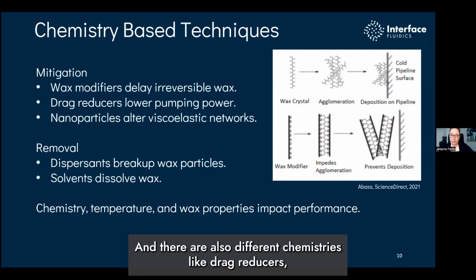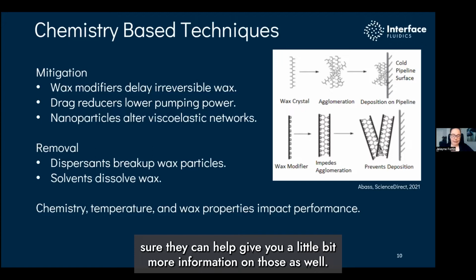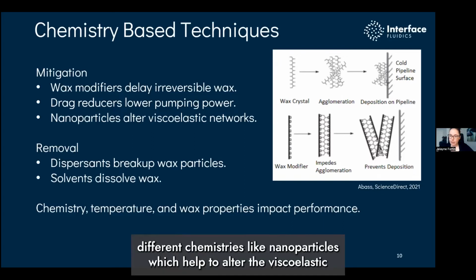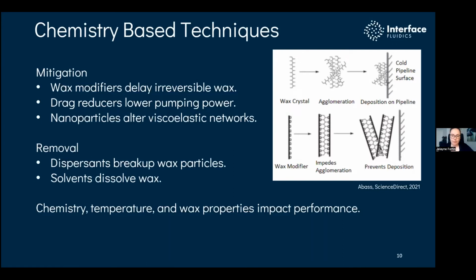There are also different chemistries like drag reducers, and I see a number of chemistry experts on the call, so I'm sure they can help give you a little bit more information on those as well. There are also chemistries like nanoparticles, which help to alter the viscoelastic networks and improve flow characteristics.